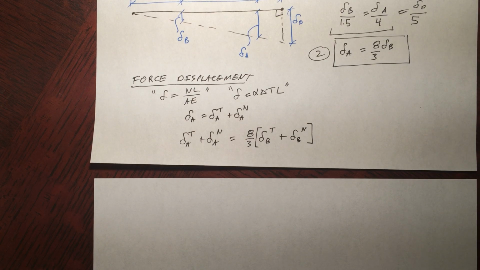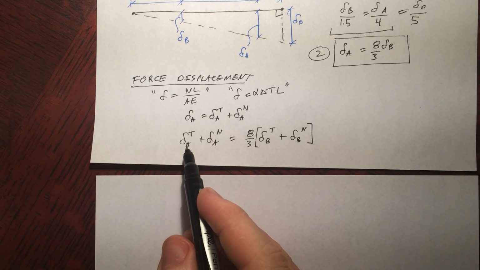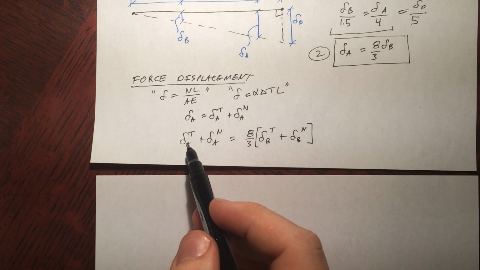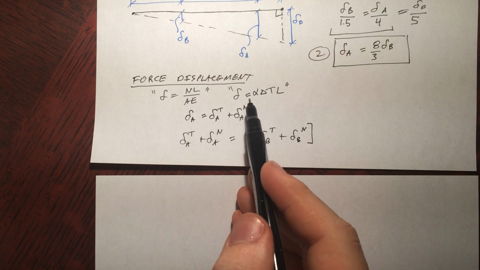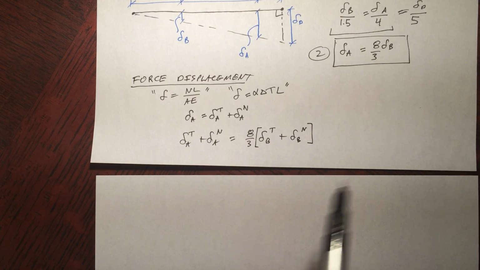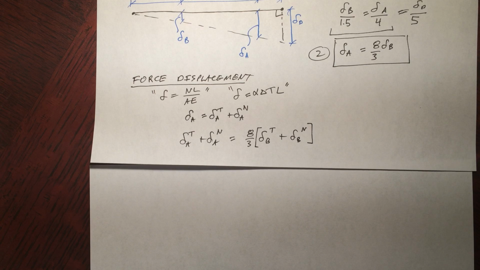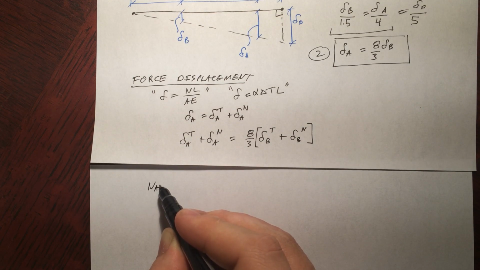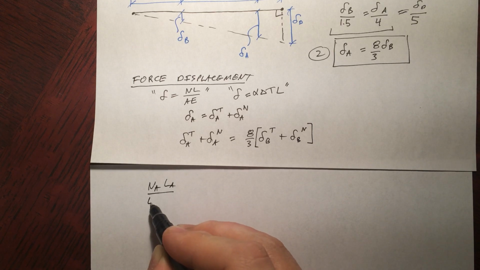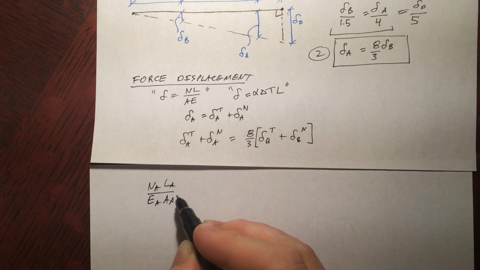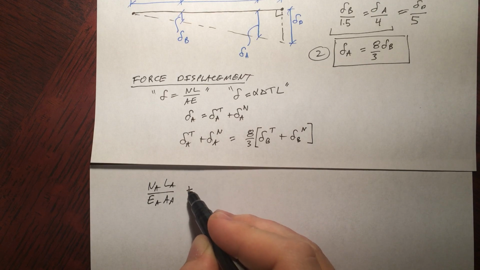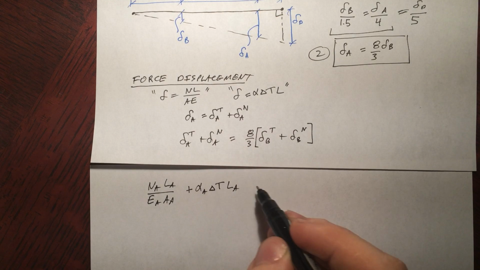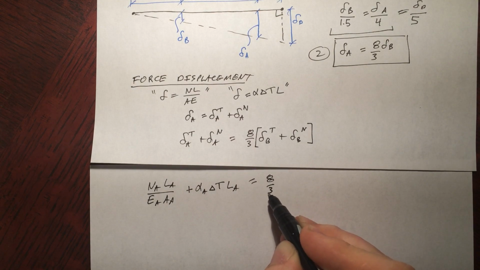Alright, so we can rewrite these in terms of all the components of these equations, right? Because the thermal expansion of A is due to the properties of A that have to do with contributing toward that thermal expansion. Let's just do this. N_A L_A over E_A A_A, that's the normal part, plus alpha_A delta T length of A, thermal part, equals 8/3.